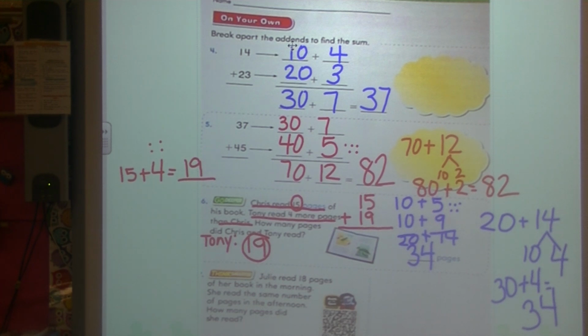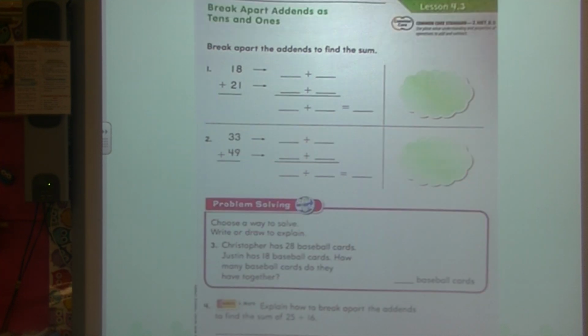All right. Now let's turn the page. I'm going to skip the next one. You need to go to the practice and homework section. Right, this is where I want you to practice.